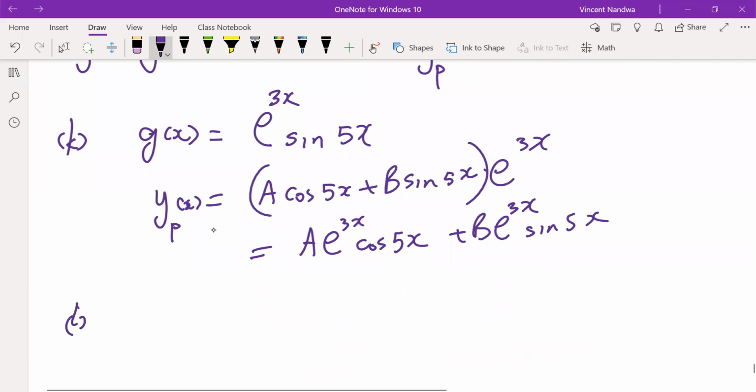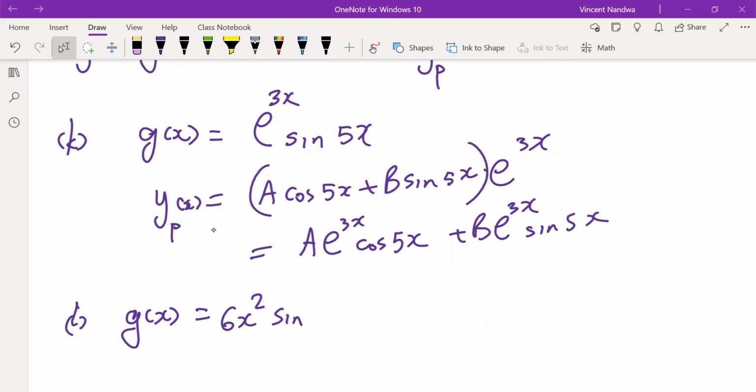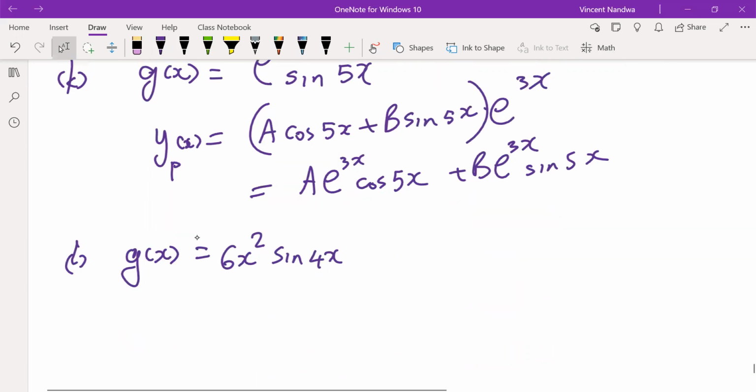Now, if we have g of x taking the form 6x squared sine of 4x. So here we have a product of polynomial and trigonometric sine. So the polynomial in general is ax squared plus bx plus c.